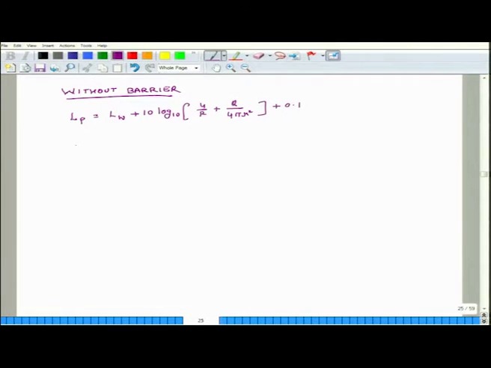Okay. So, to calculate the room constant, I have to know the internal surface area. So, surface area of the room is how much? 30 times 30 plus 30 times 5 plus 30 times 5, times 2 is equal to 2400 meters square.